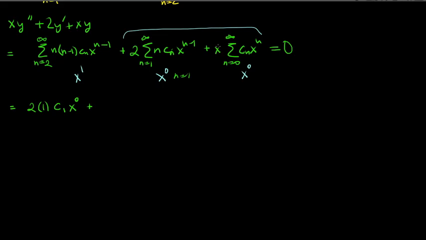I didn't bring in the x here. Okay. So this should really be x to the n plus 1. And so, yep, I take that back. This is not x to the 0. This is actually x to the 1 when n is 0. So this is x to the 1.